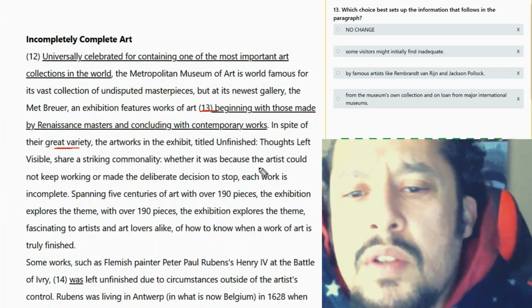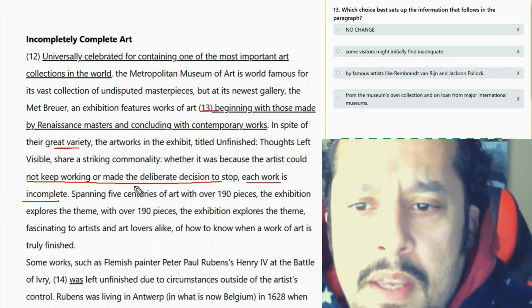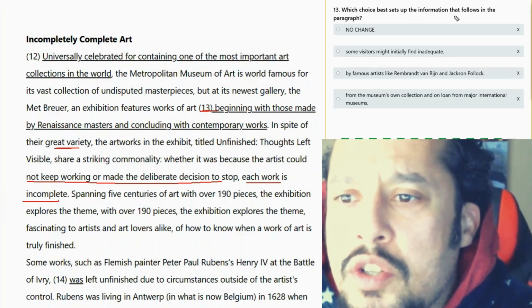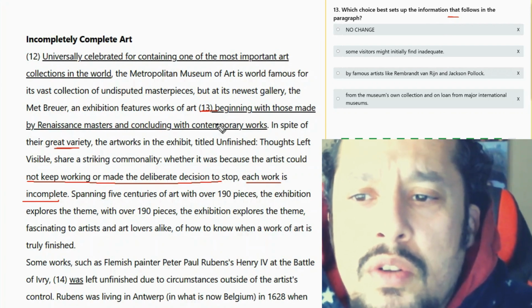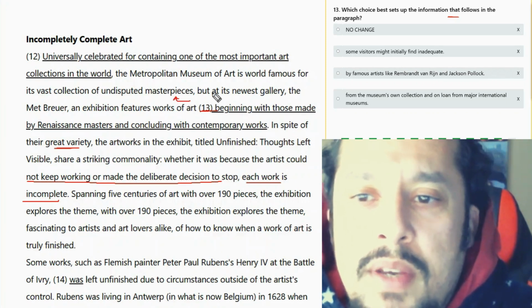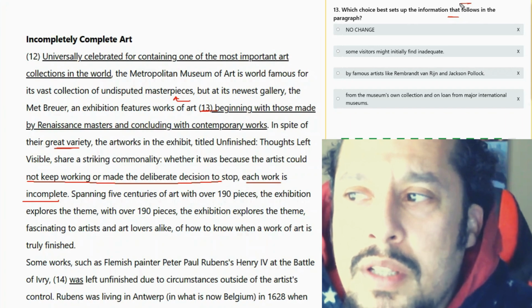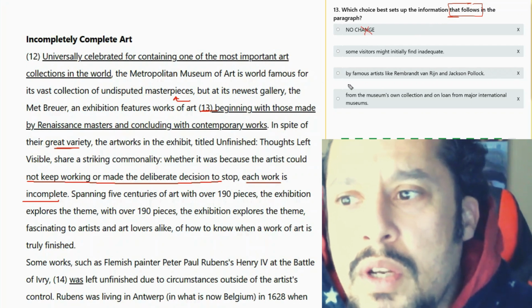Whether it was because the artist could not keep working or made the deliberate decision to stop, each work is incomplete. Each work is incomplete. So we want to transition to the information that follows, beginning with those made by Renaissance masters and concluding with contemporary works. The problem with answer A is that it's too specific to what comes before. We want to transition to the ones that follow, as the instructions tell us. So you have to follow instructions. A is no good.